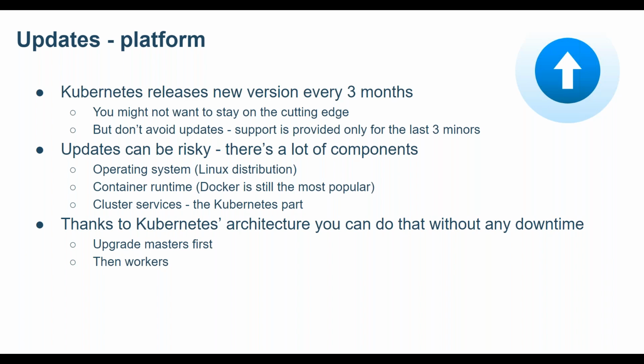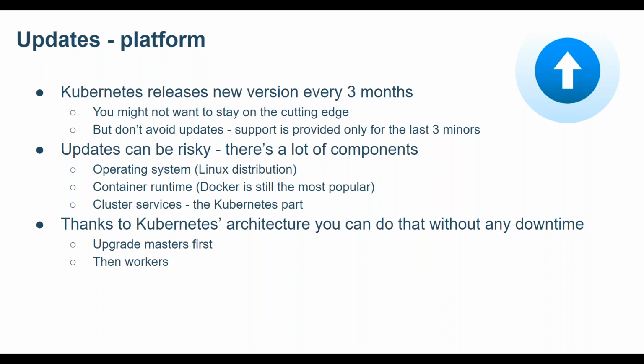A few things to note and to keep in mind over here. First of all, as you remember, there are many moving parts out there. There's an operating system, kernel, container runtime, Kubernetes. Kubernetes itself keeps a really crazy pace of releasing and developing new features. There's only one major release, all Kubernetes versions are named 1 point something.